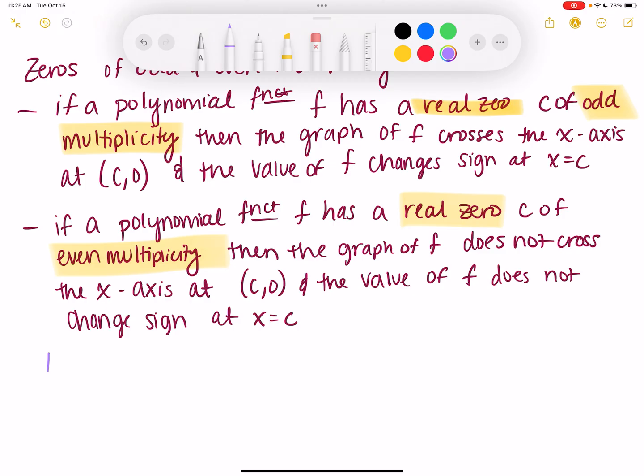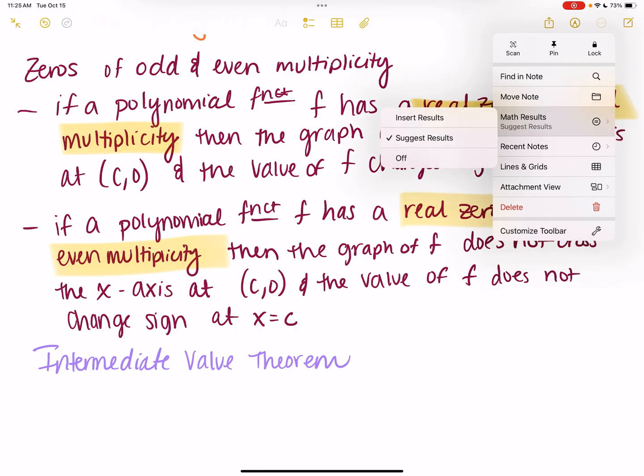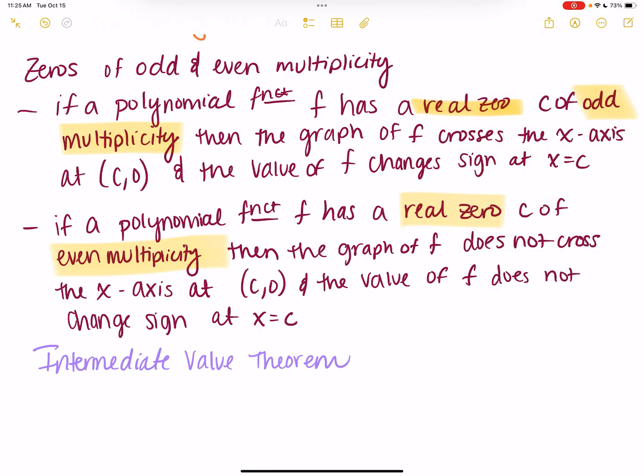Then we have the intermediate value theorem, which we will also abbreviate as IVT.